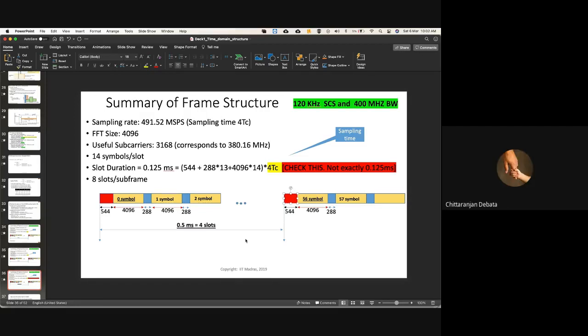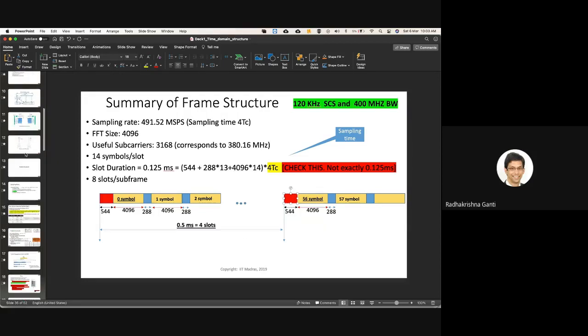Fine, so there's a half subframe. Sir, that means in a subframe there will be only two cyclic prefixes having bigger length, right? In a subframe, yes, there'll be exactly two.